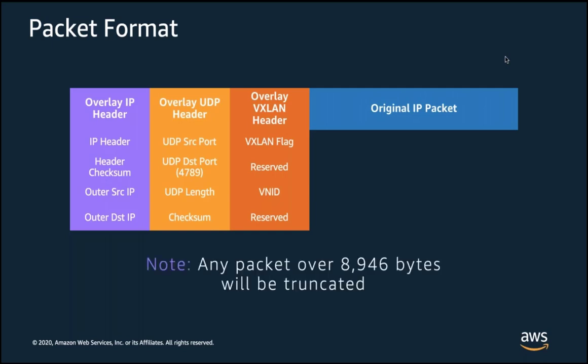This also means that if you're using jumbo frames inside your AWS network, and jumbo frames, we support up to 9,001 bytes, you won't be able to capture full jumbo frames because of those additional overheads. We have to add the VXLAN header, we have to add the UDP header. So the actual maximum size of the packet you can have inside that capture, the original IP packet, could be up to 8,946 bytes.